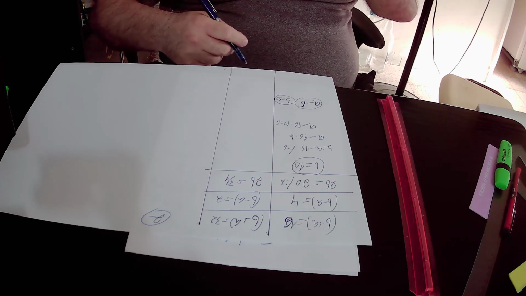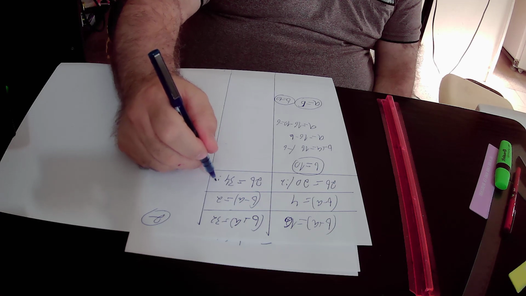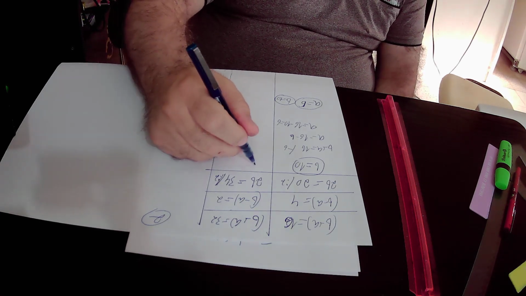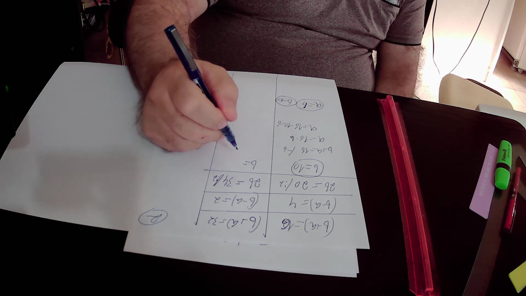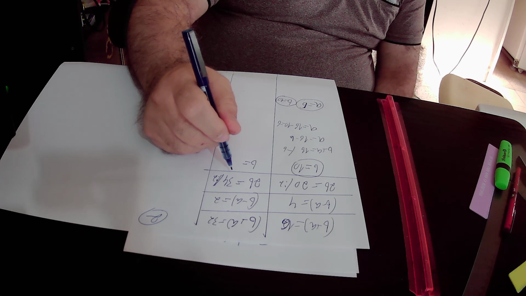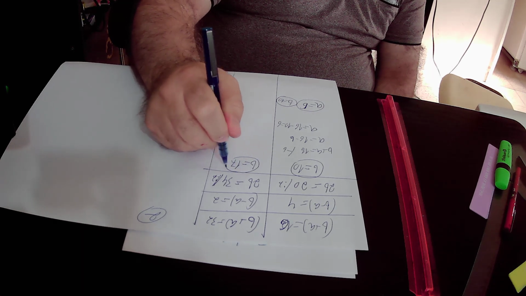So in conclusion, 2B equals 34. We divide this equation by 2 and we get that B equals 34 over 2, which is 17. So the hypotenuse equals 17.